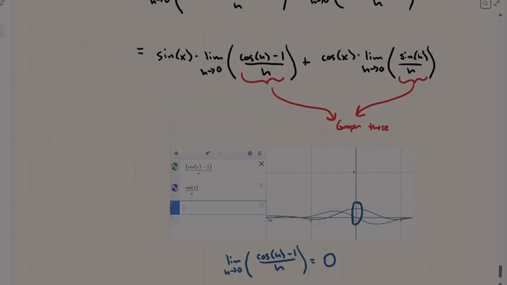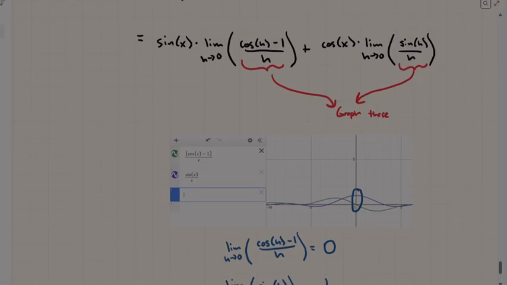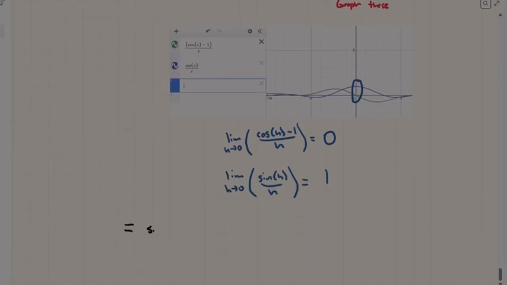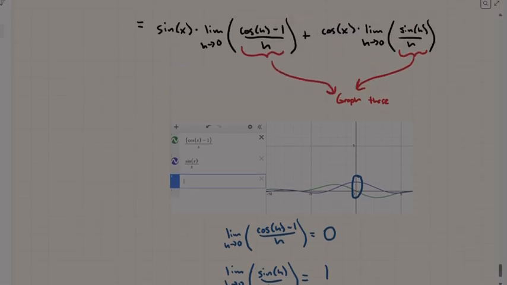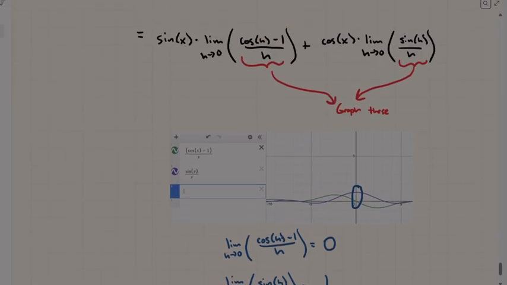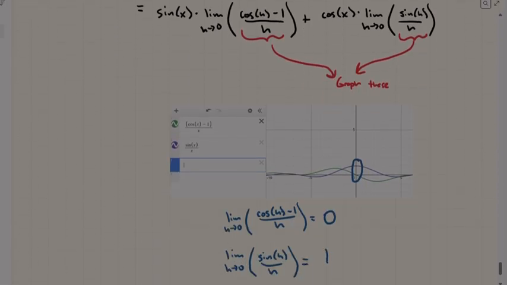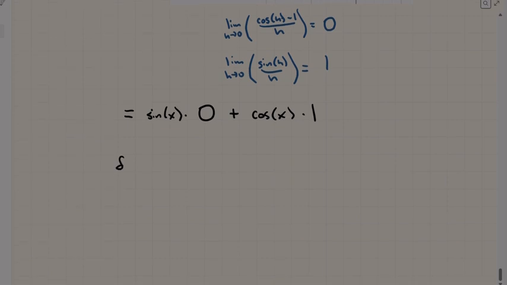And so then what we get is sine x times 0 plus cosine x times 1. And this expression we're solving for, remember, is the derivative of sine x. And so what we're saying is that the derivative of sine x equals cosine x.